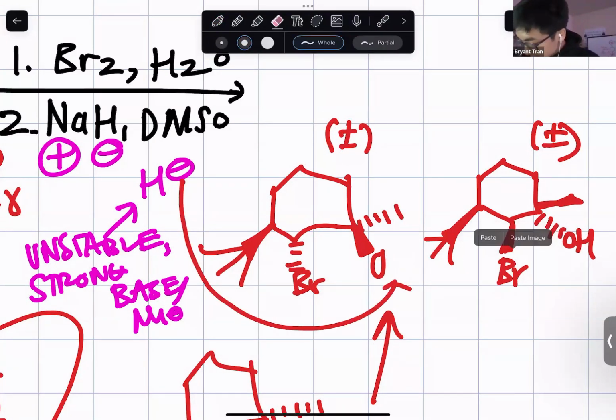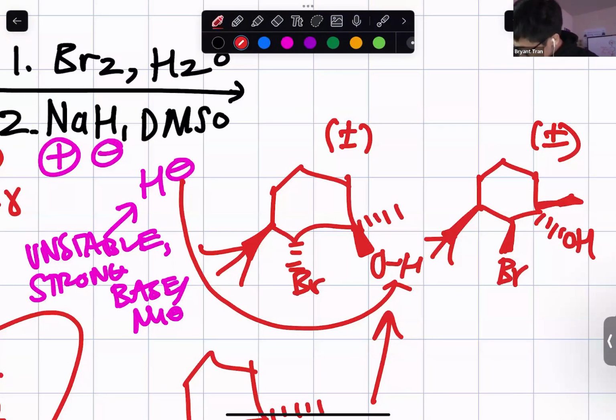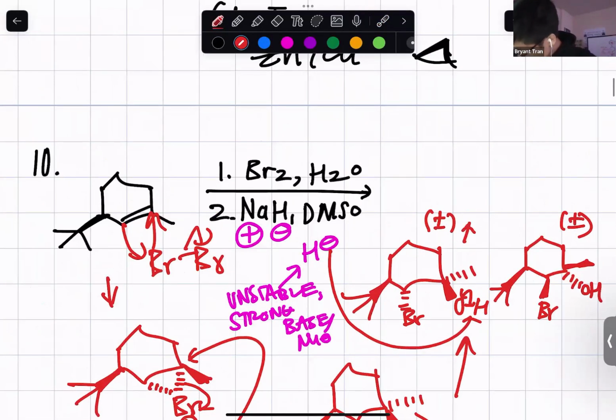I'm going to draw out the bond between that O and H explicitly to show that those two electrons are going to go onto that oxygen, giving that oxygen a negative charge, right? Okay, Br wedged, O minus dash right there.